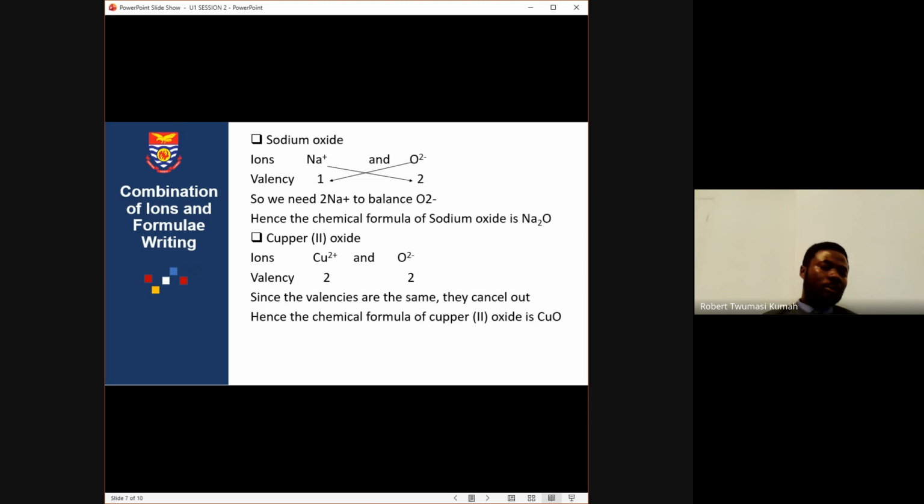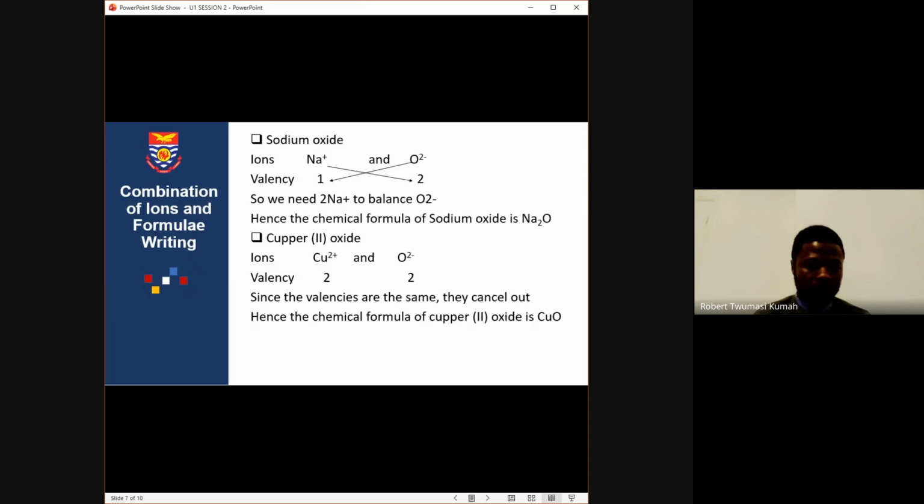But remember that copper is a transition metal and it doesn't have a fixed oxidation state. So I want you to try this. Write the formula for copper 1 oxide. Copper I oxide. So instead of II, it's just I. I want you to write the formula for copper I oxide and then tell me what you have.